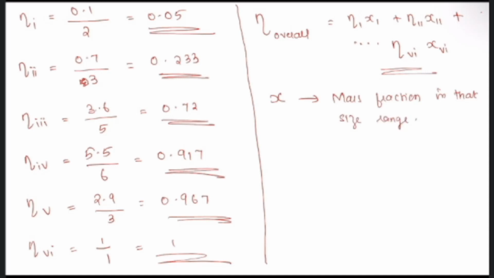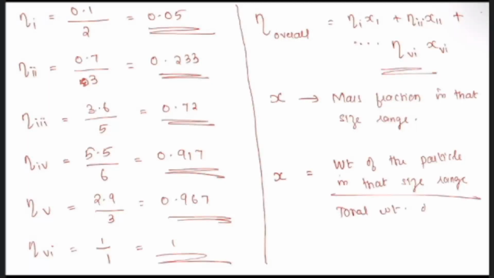We have found the values for eta 1 up to eta 6. Now we need to find the mass fractions, where the mass fraction x is equal to the weight of the particles in that size range divided by the total weight of the feed.